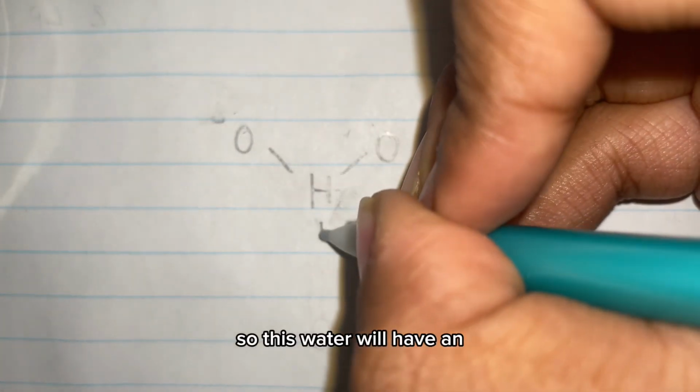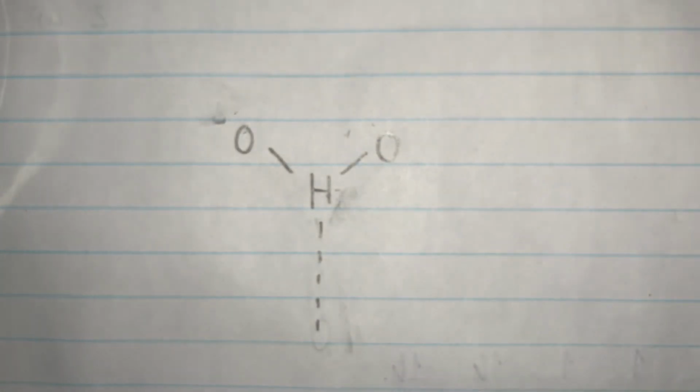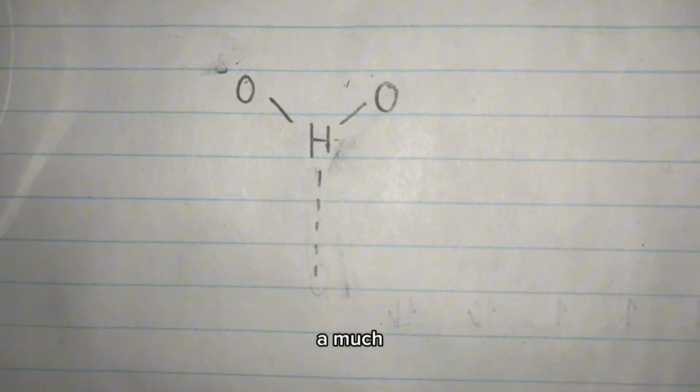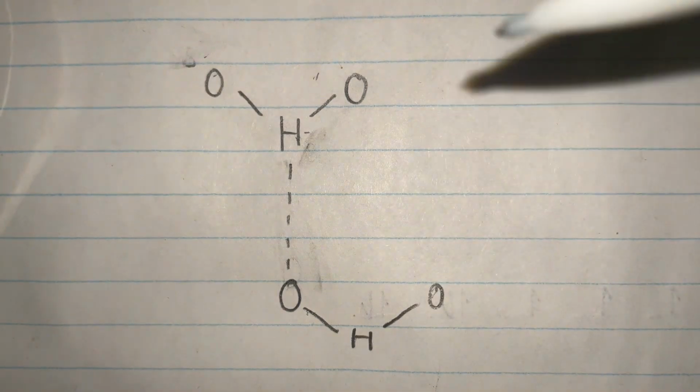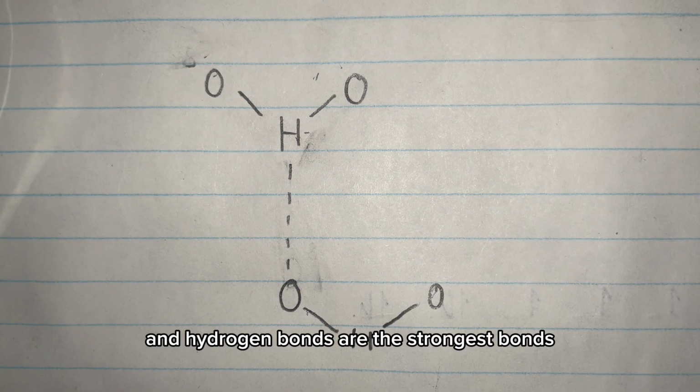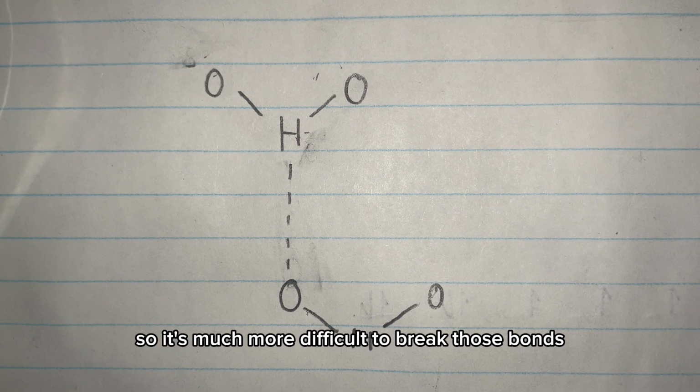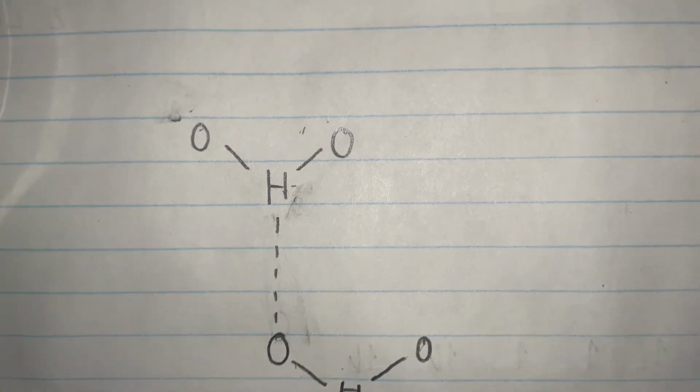So this water will have a much more forceful pull on another water molecule. And hydrogen bonds are the strongest bonds, so it's much more difficult to break those bonds.